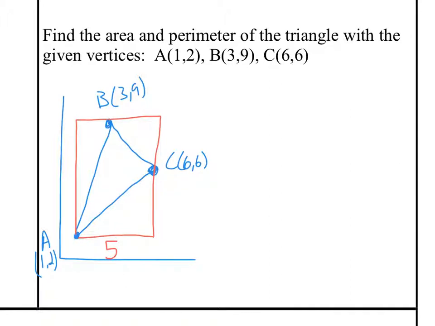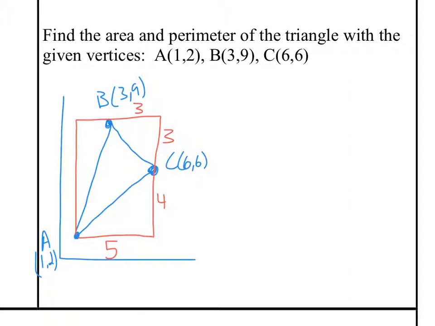The distance from point A to point C on the side would go from 2 to 6, so that would be 4. The distance above from C to B goes from 6 to 9, so that's 3. The distance from B to C through the x-axis is 3.